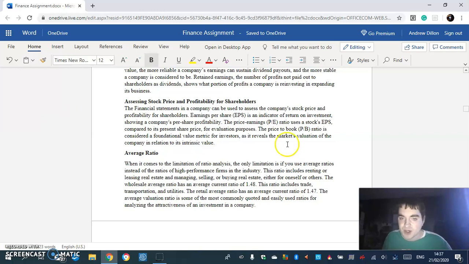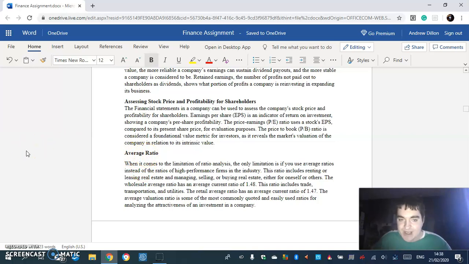The price earnings, which is the PE ratio, uses a stock's EPS compared to its present share price for evaluation purposes. The price to book, which stands for the PB ratio, is considered a foundational value metric for investors, as it reveals the market's valuation of the company in relation to intrinsic value. And my third factor is called the average ratio.